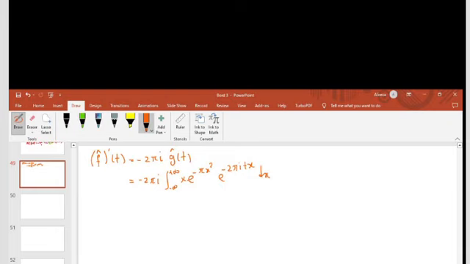But this is equal to, if we denote this by a star, we know that the integral of u dv equals uv minus the integral of v du.